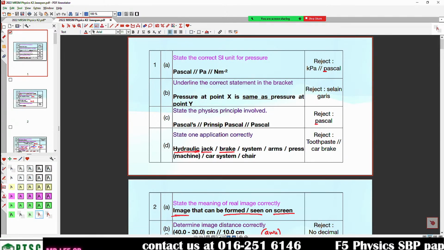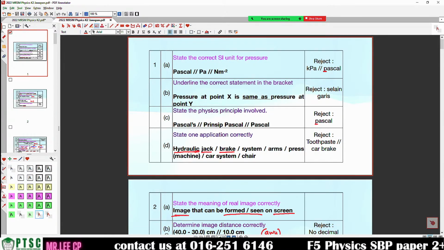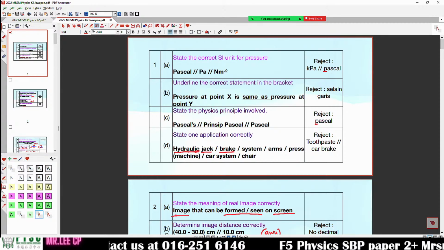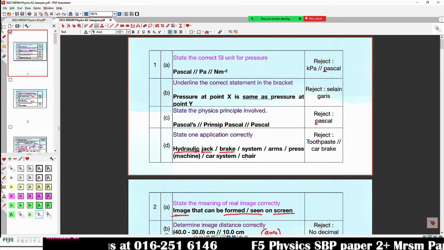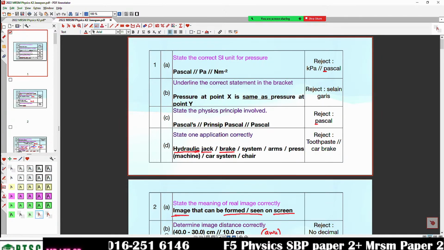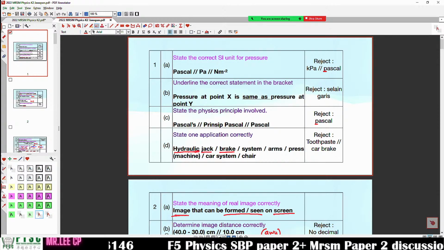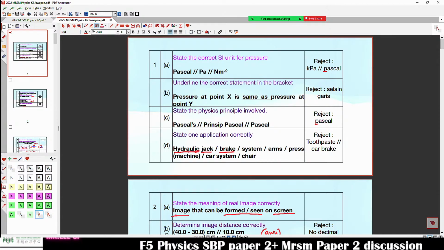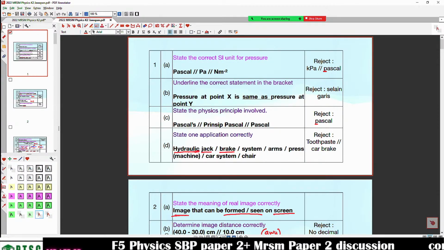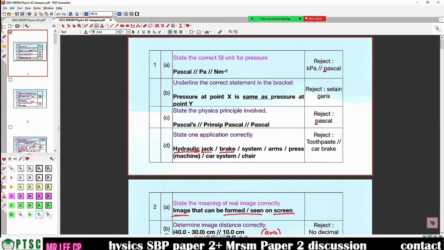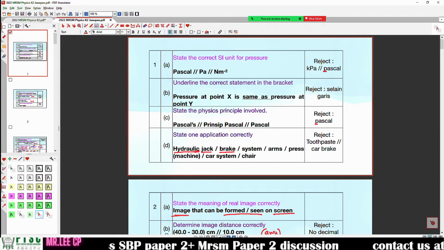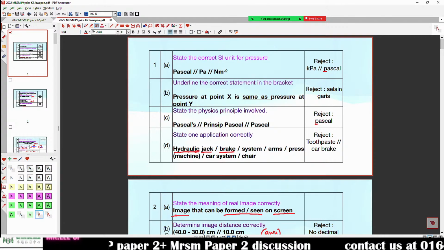And reject other than the underlined. So you don't write same as, wrong. Meaning that if you write equal, also wrong. There's no way, don't ask me why, this is the answer scheme. You must say same as. If you say equal, not allowed. Other than the underline, meaning that it is rejected.